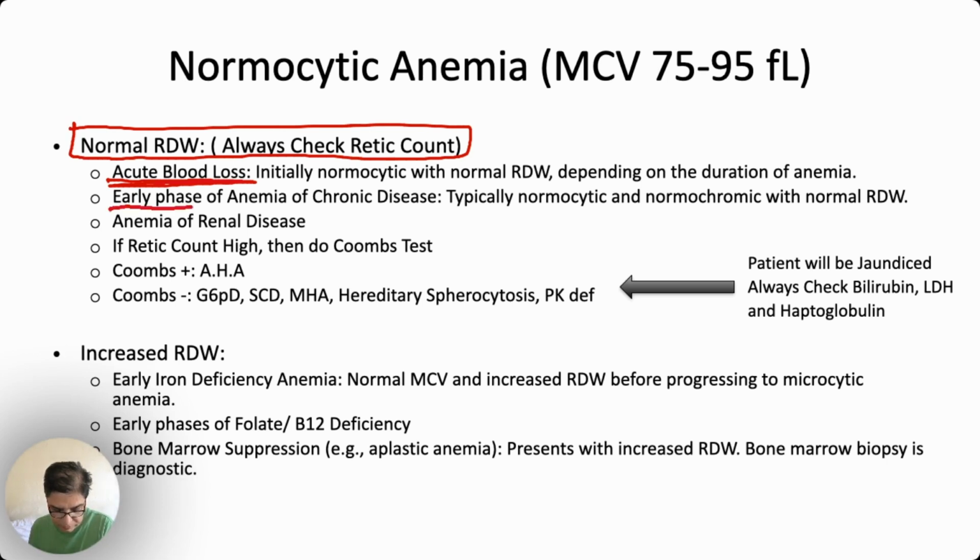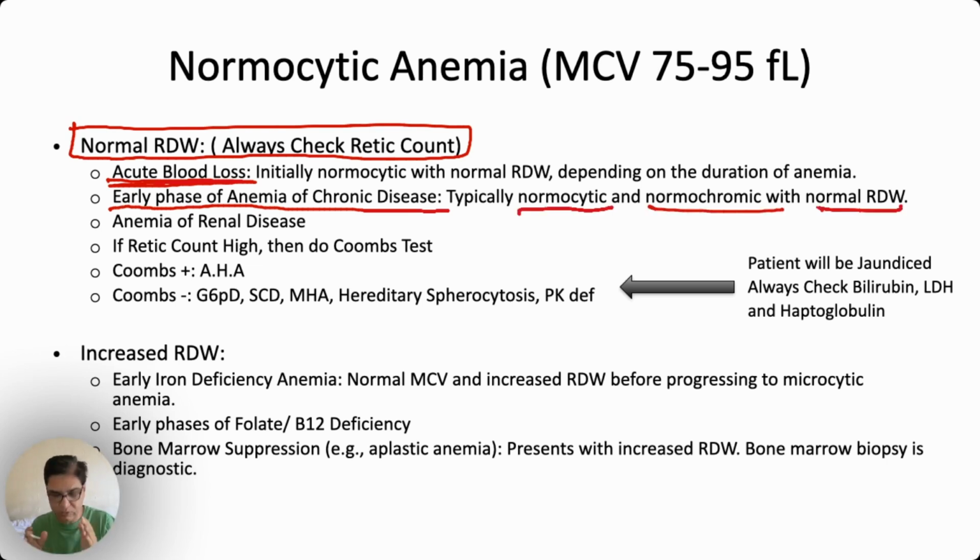In the early phase of anemia of chronic disease, so we talked about that anemia of chronic disease actually gives you what? Microcytic anemia with high transferrin levels. But in early stages, like every chronic thing would at some point start, you cannot call it chronic because now it's the beginning of a chronic thing. So in the early stages of anemia of chronic disease, the anemia would be normocytic and normochromic with normal red cell distribution.